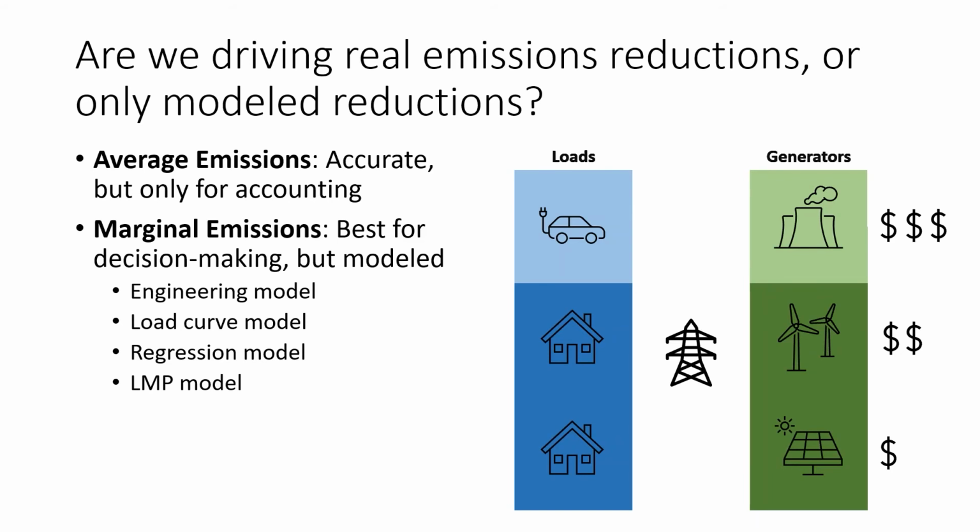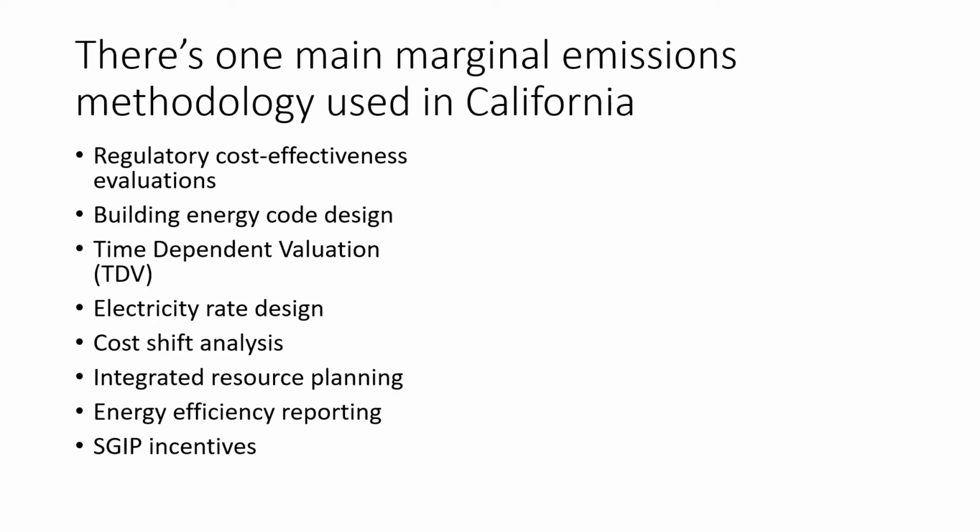And it's this final LMP approach that's used in California for most policy making around marginal emissions. There are variants of this one single method that are used for a wide range of policy processes, including cost effectiveness evaluations, building energy code design, time-dependent valuation, rate design, cost shift analysis, integrated resource planning, and energy efficiency reporting.